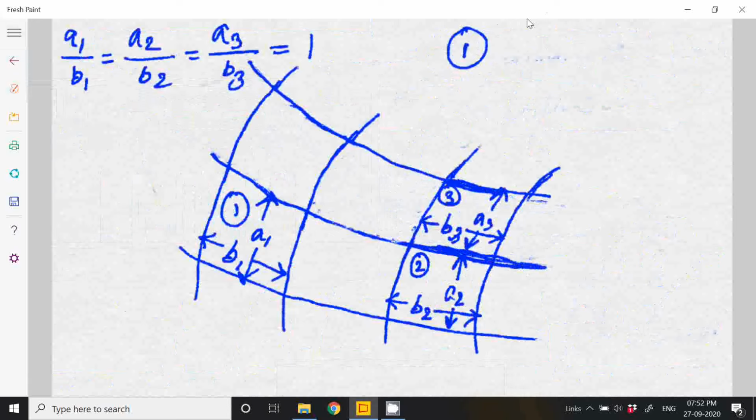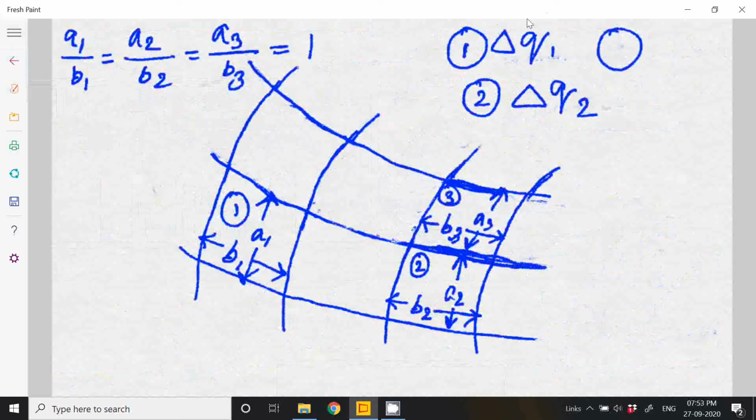The flow through field 1, let me consider it as delta q1. The flow through field 2 is delta q2, and the flow through field 3 is delta q3. Now the flow is always constant between any two flow lines.